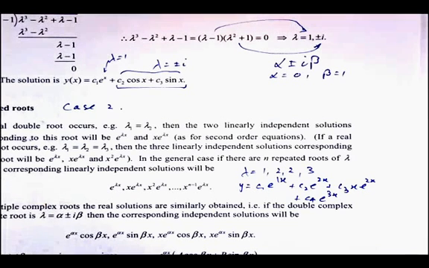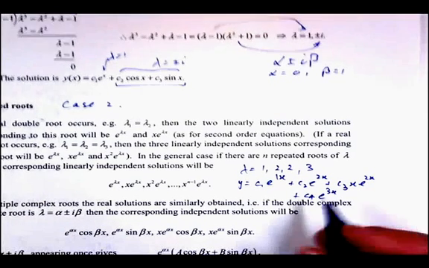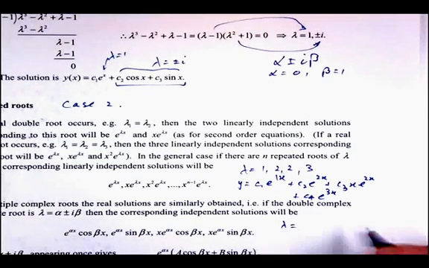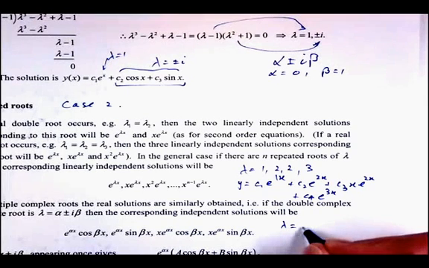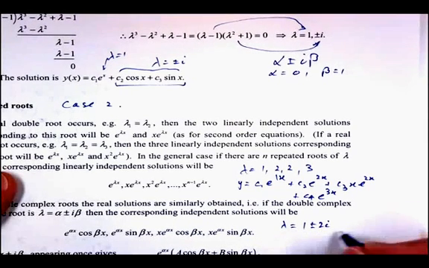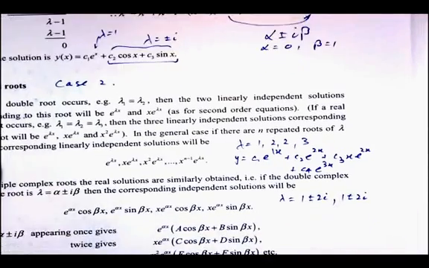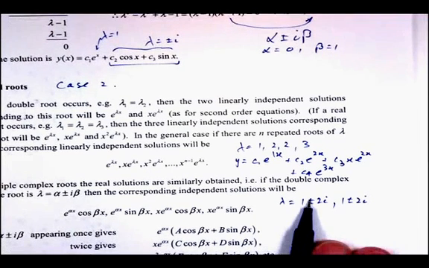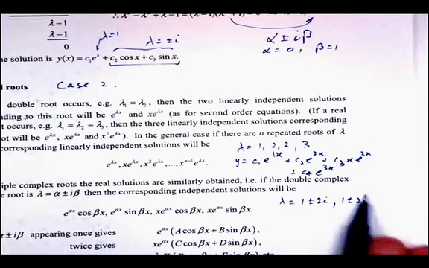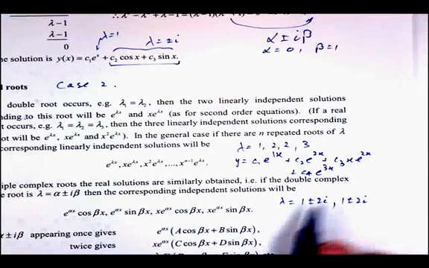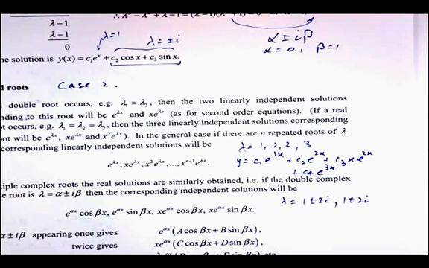What if, however, I'd ended up with lambda equals 1 plus or minus 2i and 1 plus or minus 2i? Think about what's happening there. These are really two solutions, and these are really two solutions. So actually each solution is in fact only repeated once.